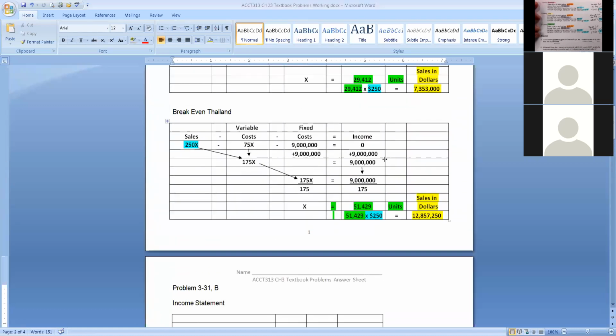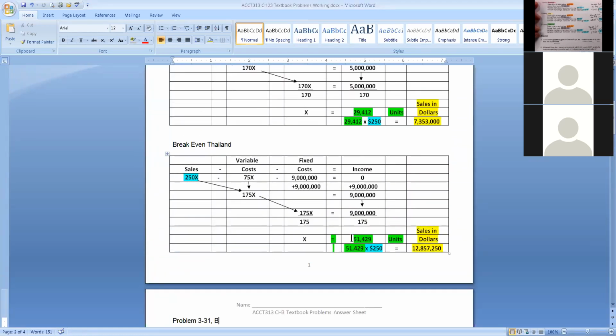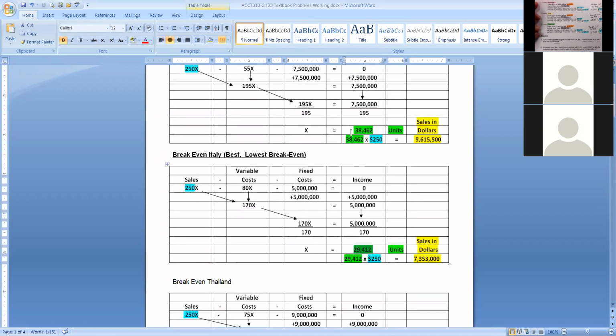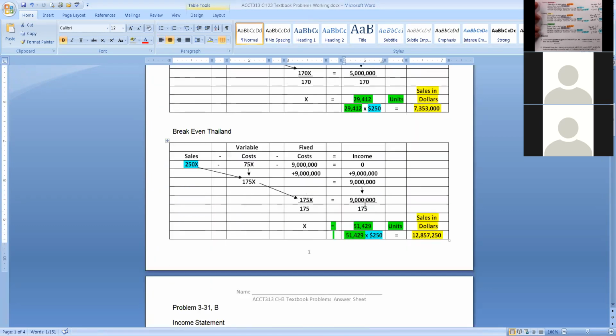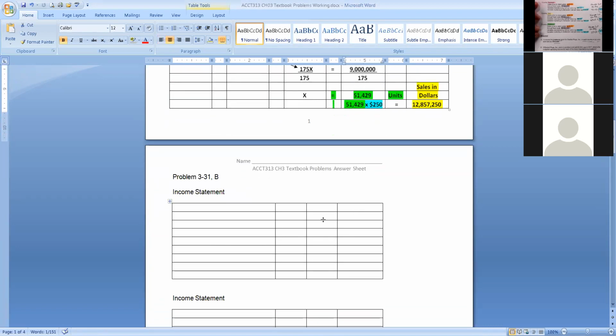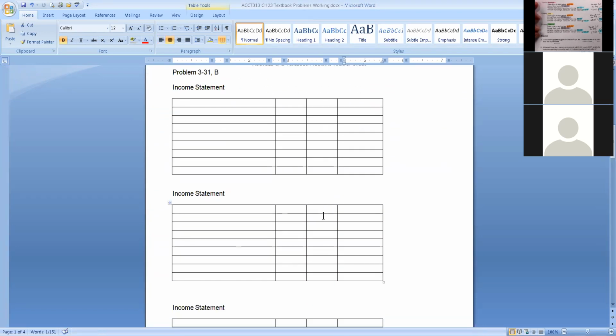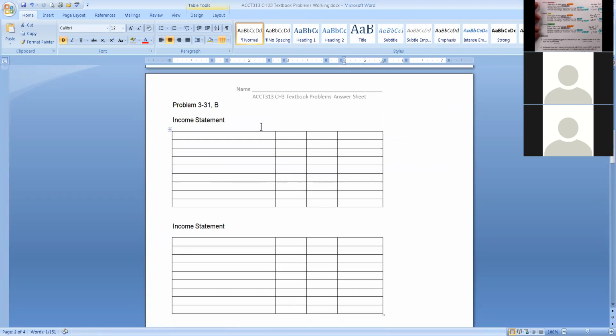You know, 80,000 is more than 51,000, 29,000, 30. So if they're selling 80,000, then these are all going to make money. The question is, how much money are they going to make in each one? So that's what we're going to do next, is do the income statements for each of these if they sold 80,000. So the first one's what, Portugal?